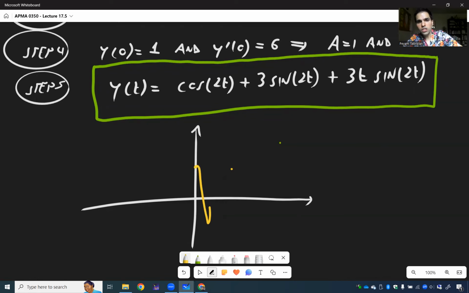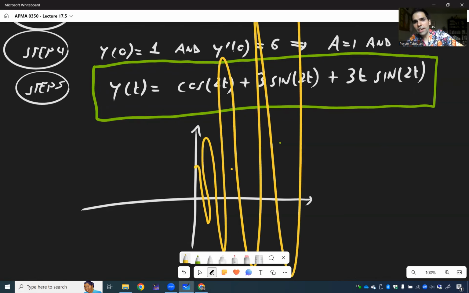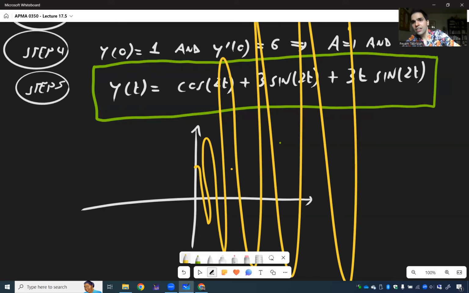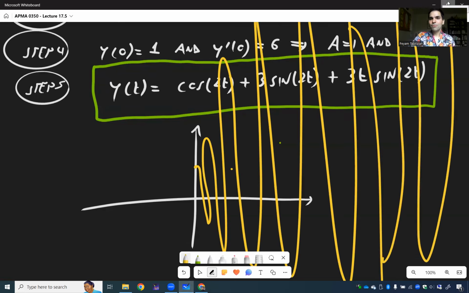But then it just oscillates, oscillates. Oh my God, it becomes so big. You cannot control it anymore. Mayday, mayday. So in fact, you might say there is a pretty big effect of the force.